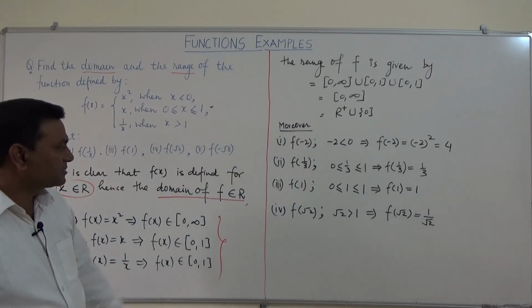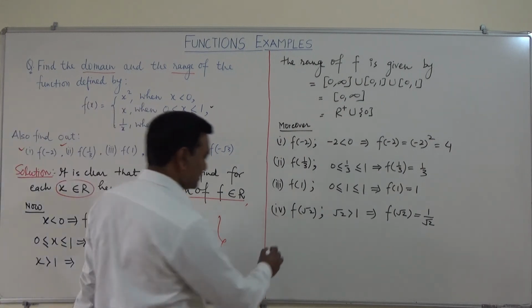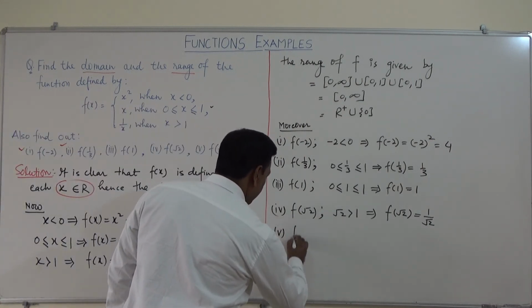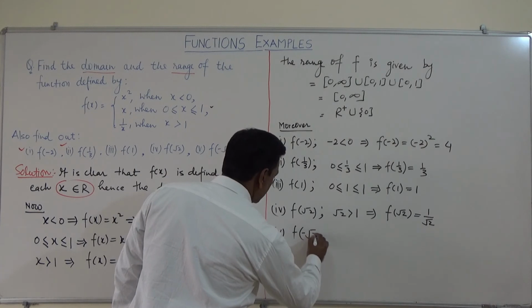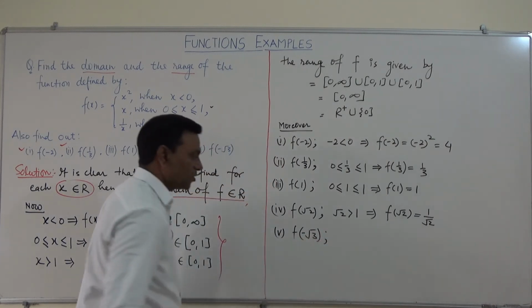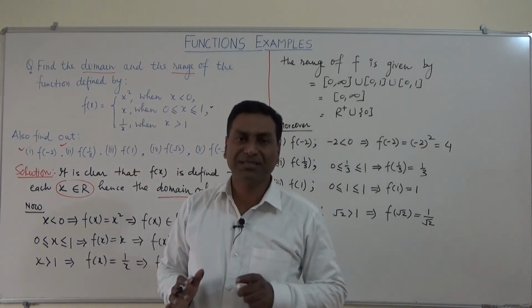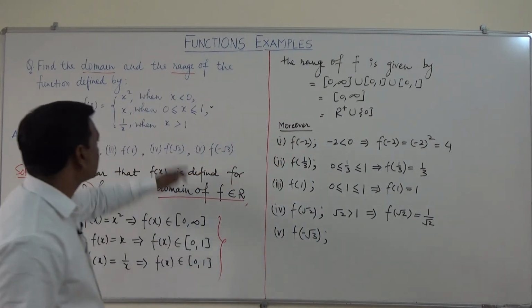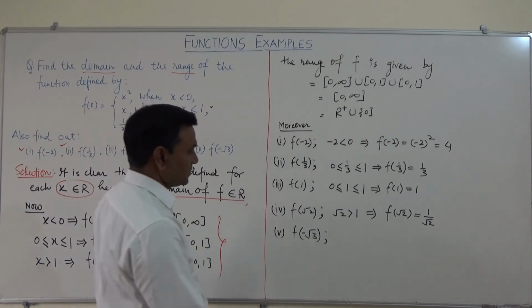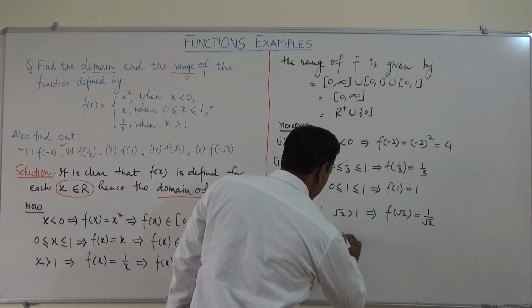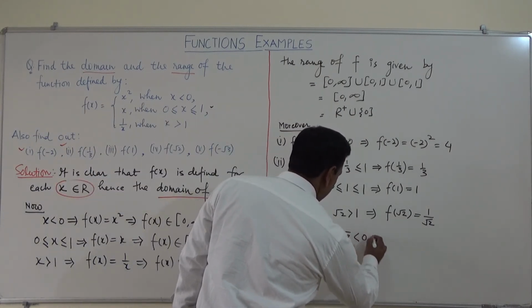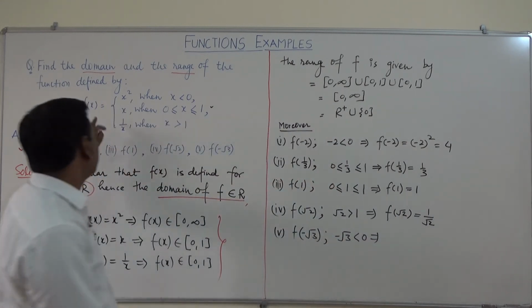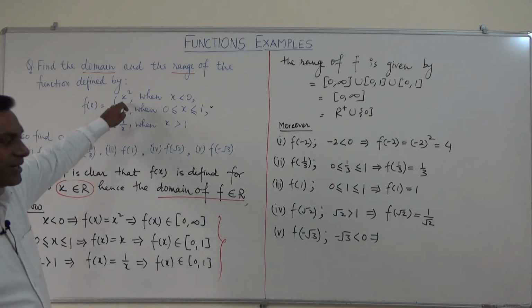And the fifth one is f(-root 3). Obviously this minus root 3 is less than 0, it means we will follow the first rule. So minus root 3 is less than 0, implies that f(x) equals to x square.